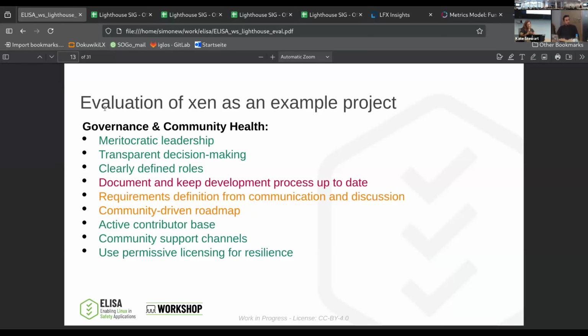Is there some transparent decision making? There, the Xen process was actually very well documented in the governance charter, and it's done per so-called lazy consensus, where they just have issues and you can comment on if you agree or disagree.